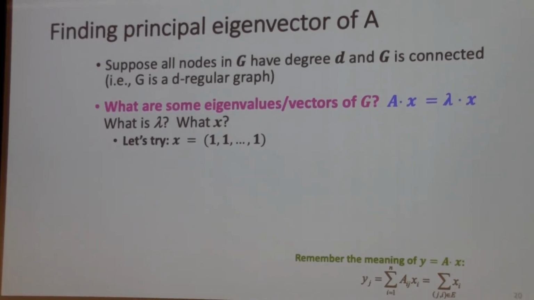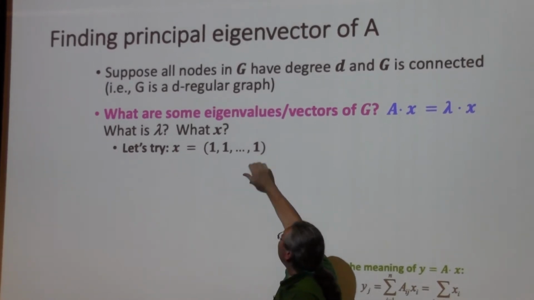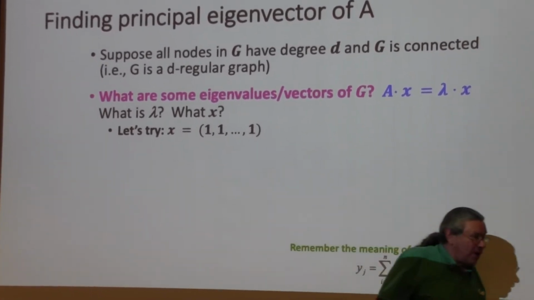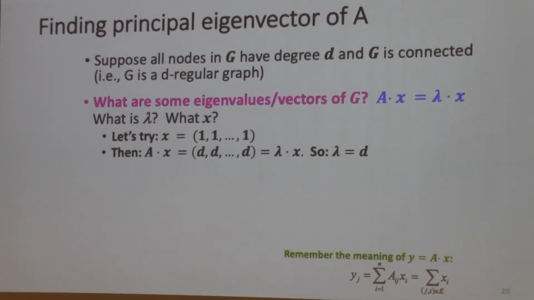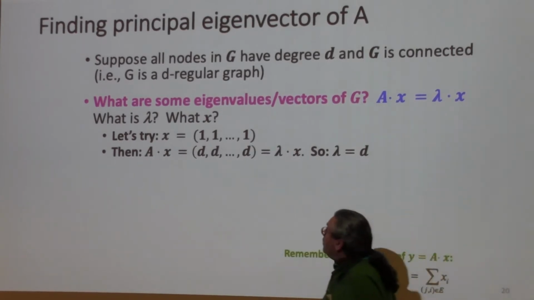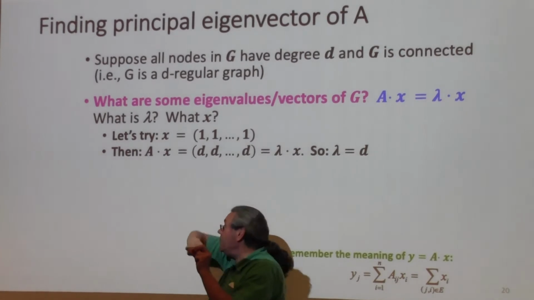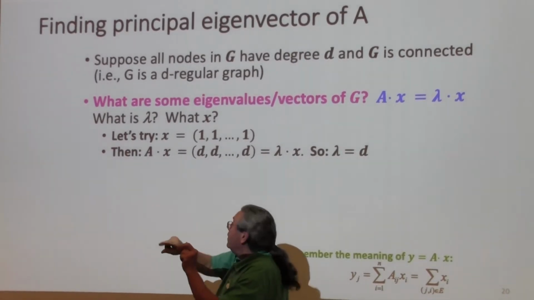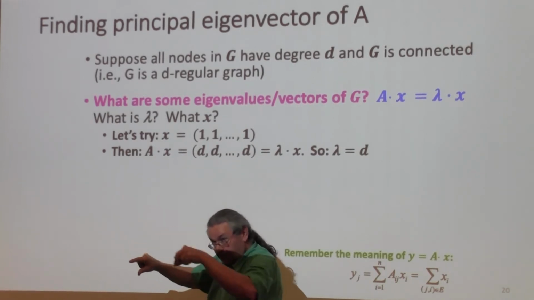So let's say we take the vector 1, 1, 1, 1, 1, all ones, and we multiply by A, or A times X if it's a column vector. Well, since each node has D things coming out of it, if you look at the row, there's going to be D places where it's equal to 1.